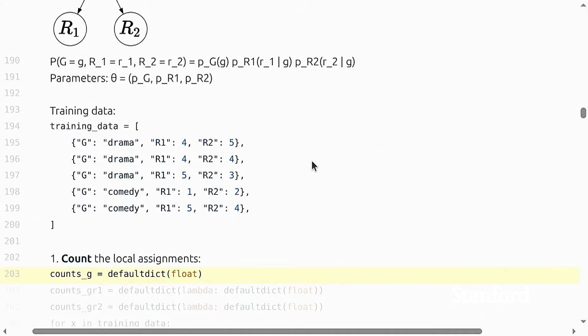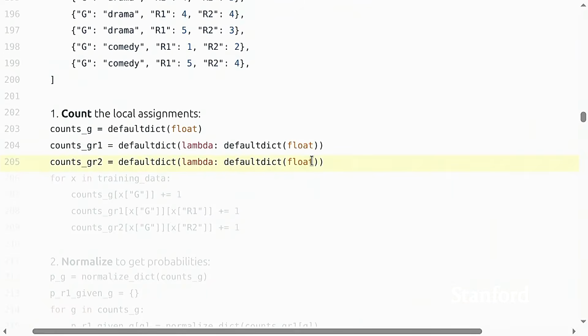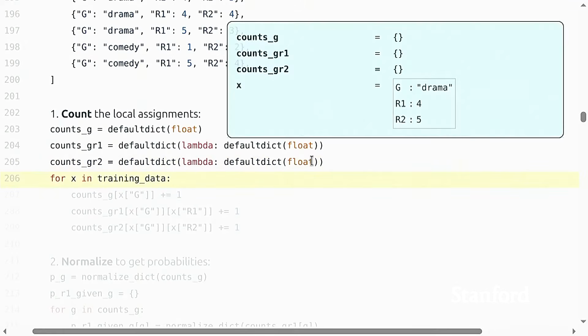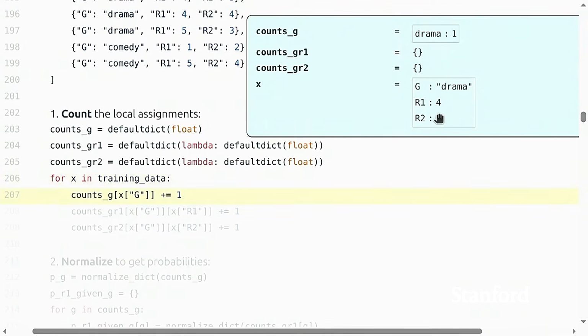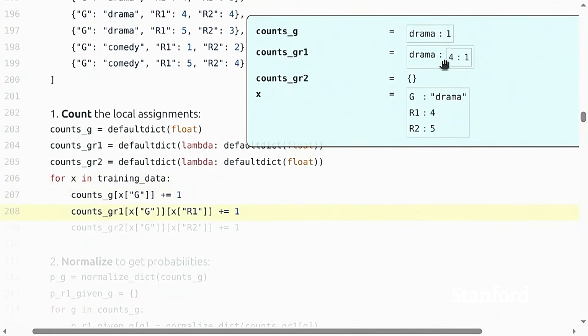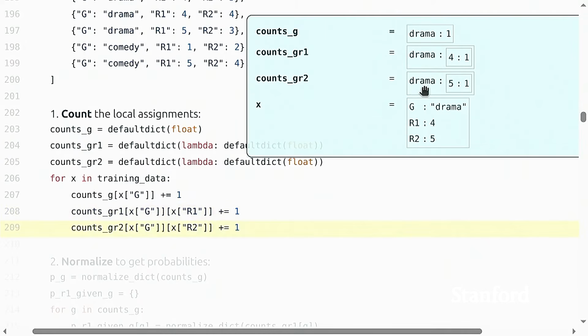So I have counts for G, GR1, and GR2. And so I go through my training data. I pick up drama, user 1 rated it 4, user 2 rated it 5. So I got one drama. For user 1, I note that drama with a rating of 4 occurred once, and for user 2, drama with a rating of 5 occurred once.